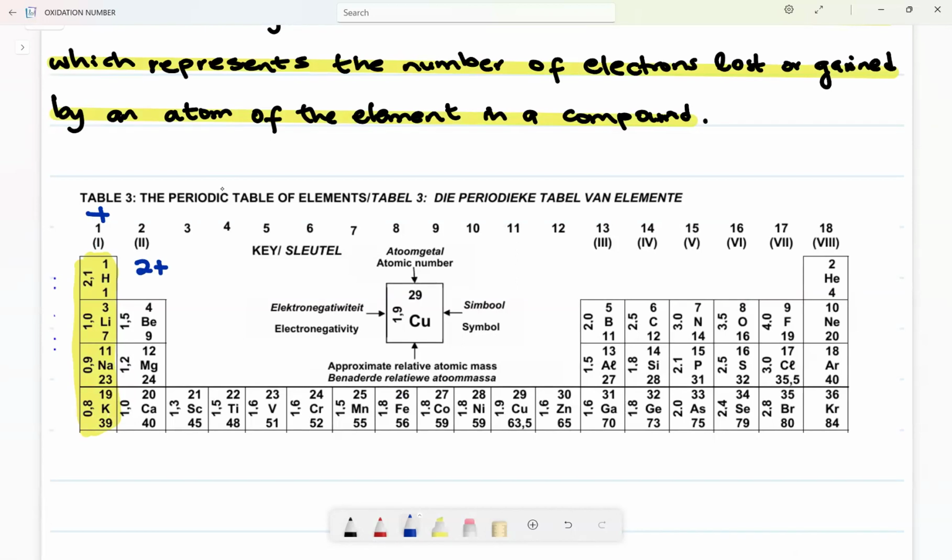Those in group 3, I think, have 3 plus. The noble gases have 0. I need to start from the halogens: minus, 2 minus, 3 minus, and then plus or minus 4. Exactly, this now makes sense.